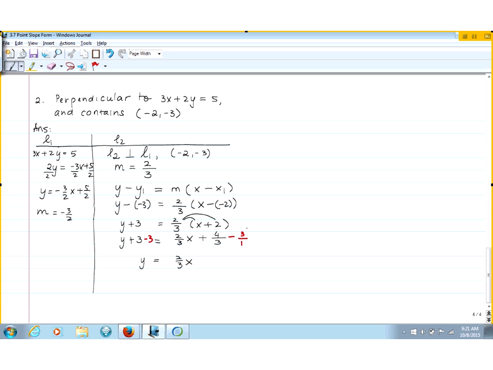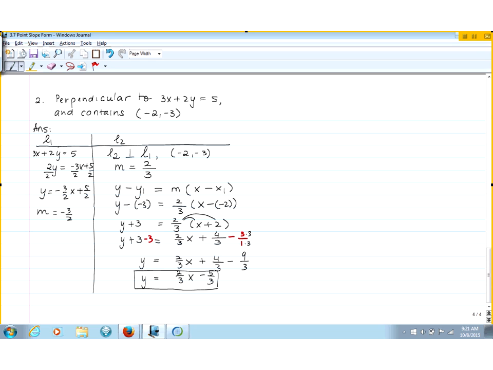Okay, what do I do with this fraction here? How do I subtract? Plus 4 over 3. What is the LCD? 3. Okay, so this is 1. It becomes 3. So we multiply by 3. So this is 9 over 3. So y is equal to 2 over 3x minus 5 over 3. Done.